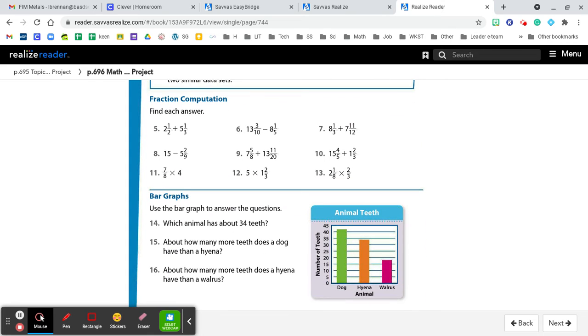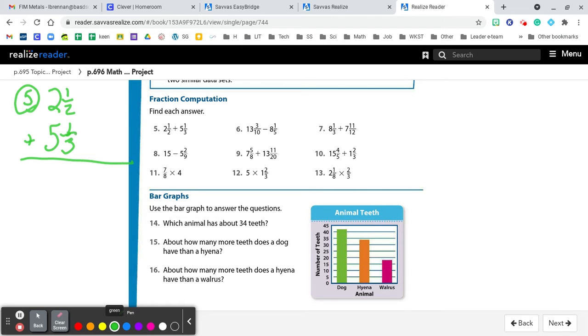And we're going to do some fraction computation. So we need to review addition, subtraction, and multiplication of fractions. Number 5, 2 1/2 plus 5 1/3.